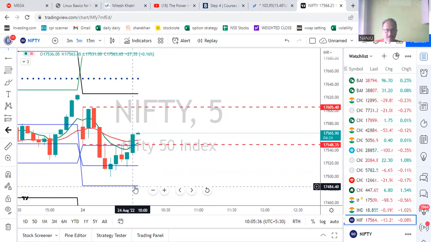So today, I think it will be in between previous day high and the CPR. There will be a range formed between the two. But I'm never interested in buying a call option because the overall trend is bearish.